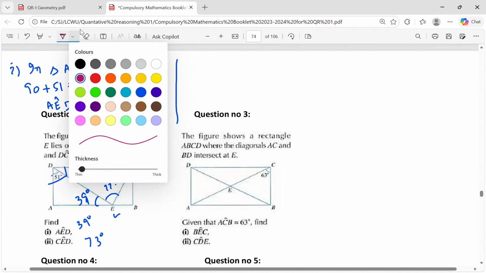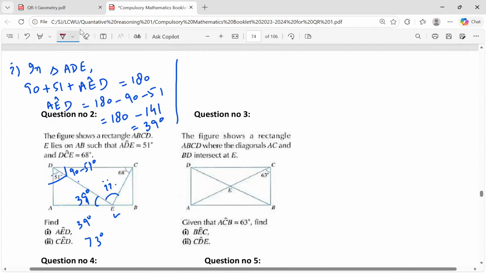In a rectangle, the diagonals AC and BD intersect at E. The figure shows a rectangle with diagonals BD and AC intersecting at point E. Given that angle ACB is equal to 63 degrees, find the angle BEC in the first part, and angle CDE in the second part.